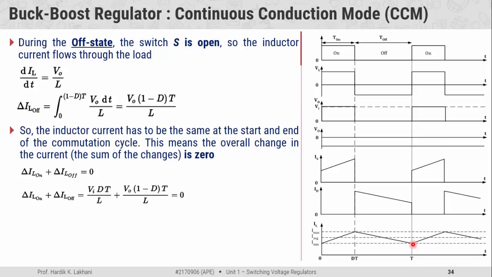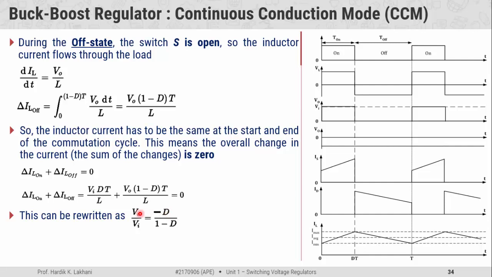By substituting delta IL on and delta IL off into the equation, we get this term. And finally, by rearranging the terms, we can write V output is equal to minus D divided by 1 minus D into V input. So here we can see that the output voltage depends on the magnitude of D.